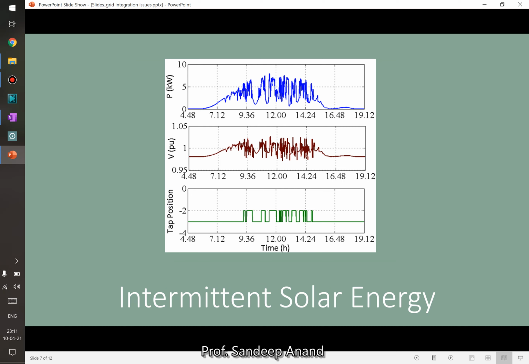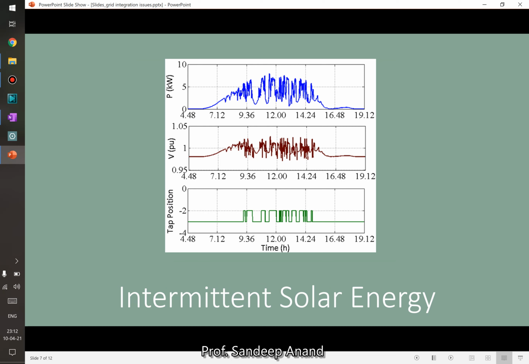The day is 8th of August 2015, so it's the month of August, monsoon season. You can see there are a lot of ups and downs throughout the day in solar radiation, which is expected.